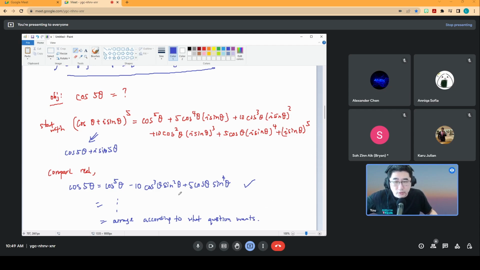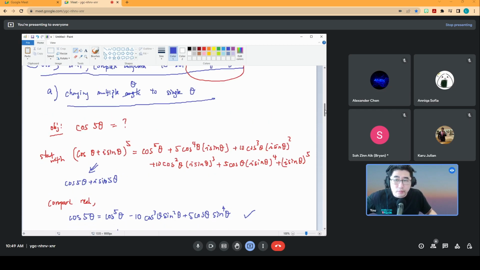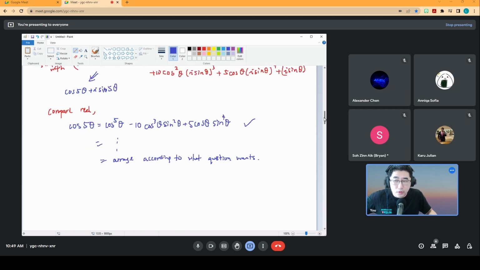But basically, that's how we actually extract. Are you okay? Yes. As you can see, it's very, very simple. Type A, changing multiple theta to a single theta.